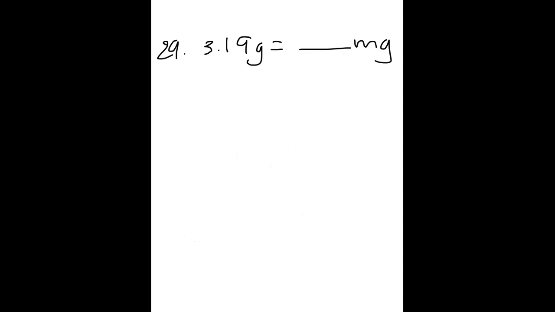So whenever we're going from larger to smaller, we're going to move our decimal 3 spaces to the right. Okay, so the 3 here, decimal, we're going to move it 3 spaces to the right. So I'm going to have to add a 0 at the end. So then it's 3,190 milligrams.